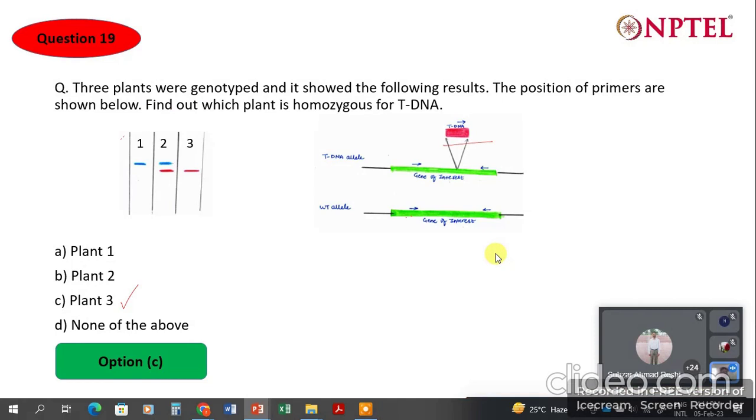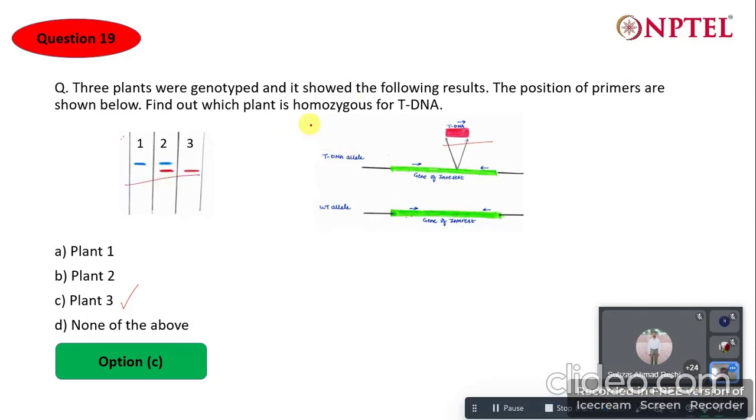Okay. So what happened? We did an assay, and in that tDNA was used to transform the plant. Now we have to check whether the tDNA has been inserted into the plant, and whether it has been inserted in a heterozygous or a homozygous way.